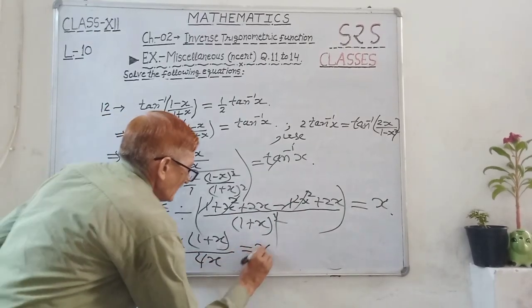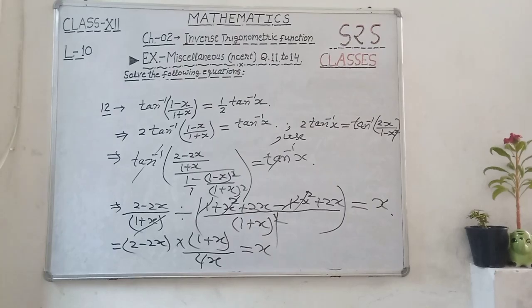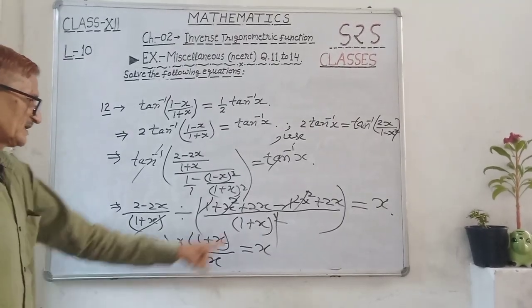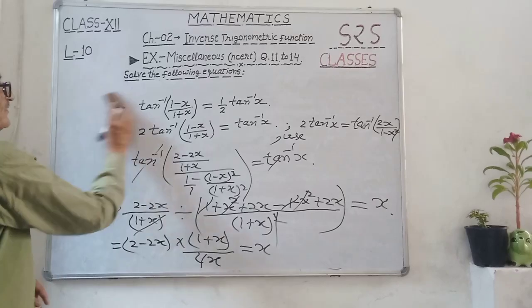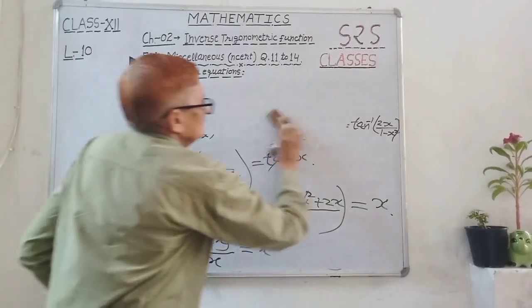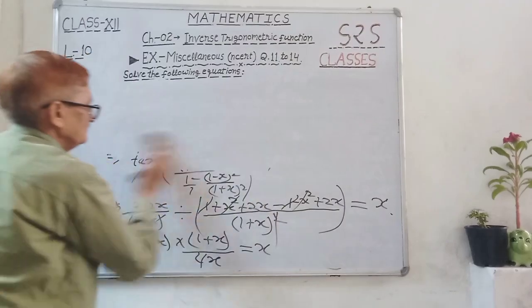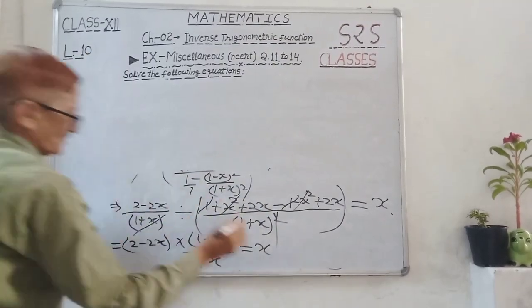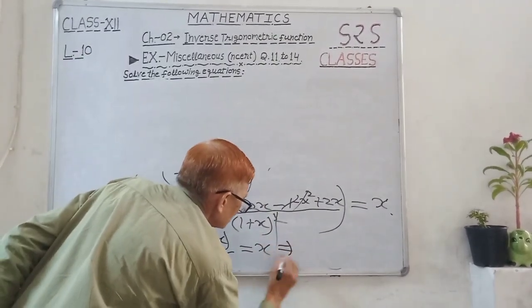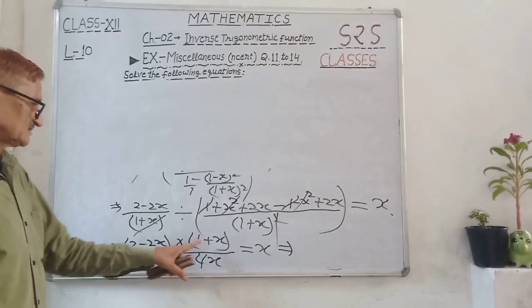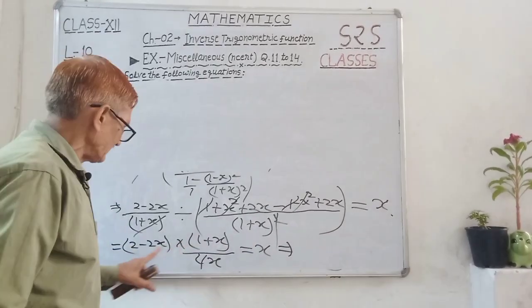(1 plus x) divide by 2x plus 2x, 4x, is equal to x. Okay, we can simplify now, multiply these, and the denominator 4x will go that side, then 4x square. Here we can do one step. It will come 4x that side, then 4x square, and this multiply with this, binomial with binomial.